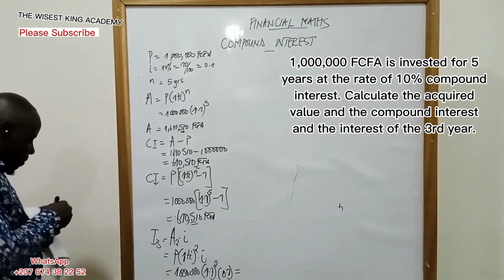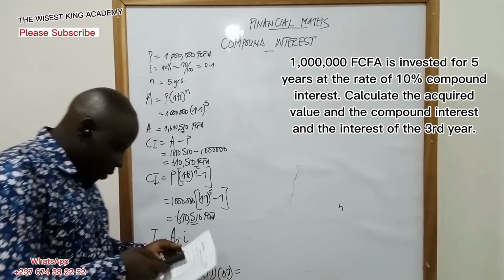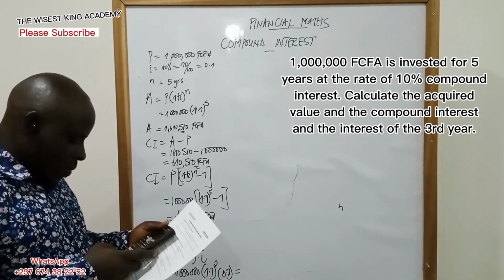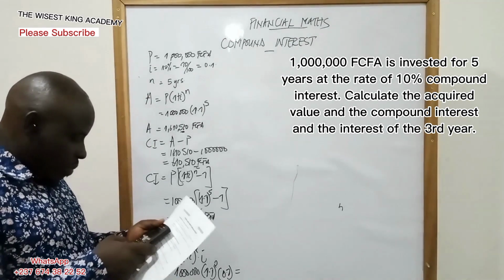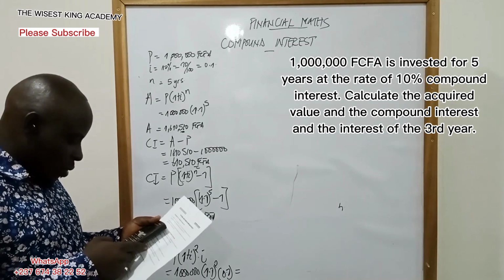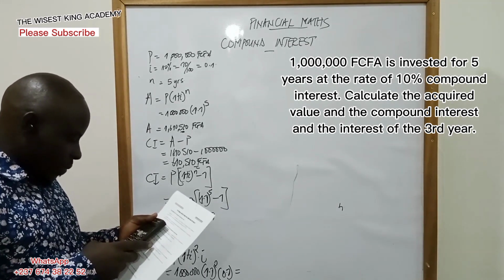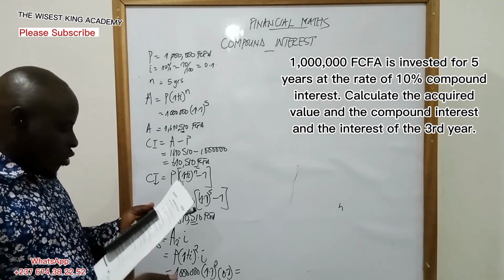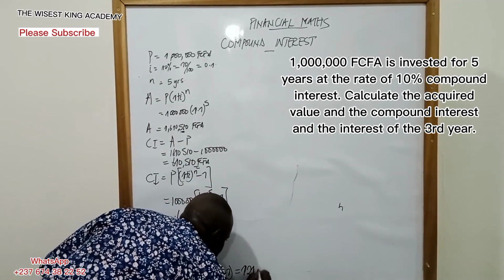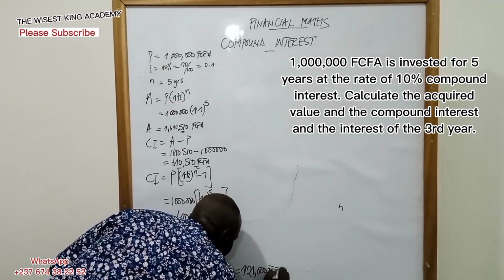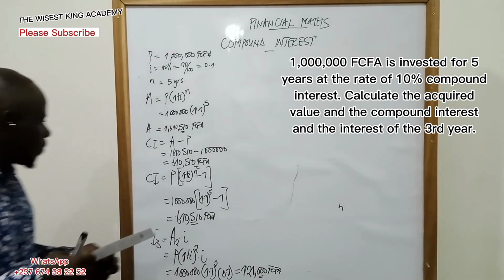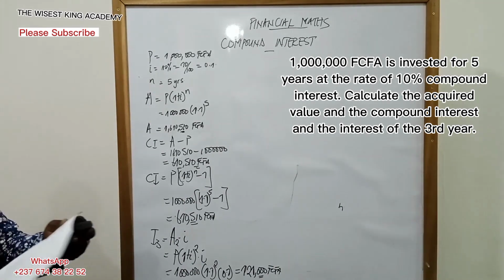Let me calculate: 1.1 raised to the power 2 equals, times 0.1 equals, times 1 million. That's 121,000 francs. The interest is 121,000 francs. That's example number 1.